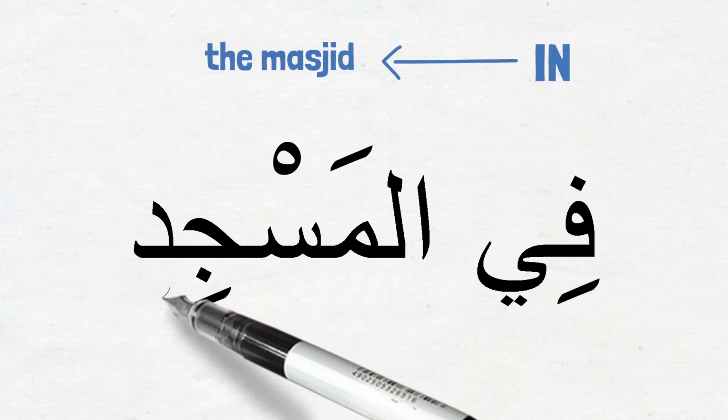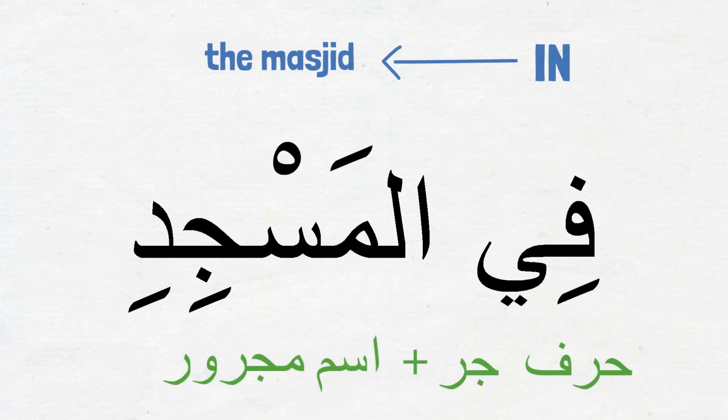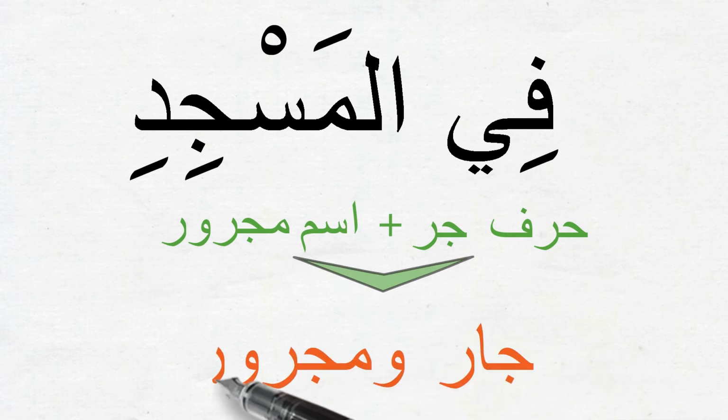It becomes al-masjidi. So together we read the phrase as fil masjidi. Here, fi is harf jar, and al-masjidi is ism majrur, which simply means the ism that is in majrur state. Or we can shorten it and call this phrase jar wa majrur, okay?